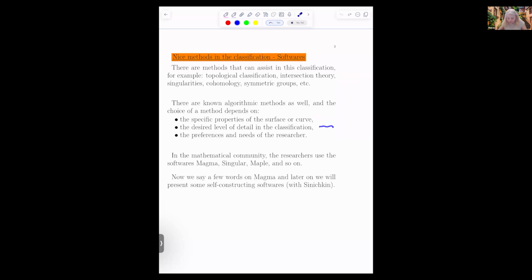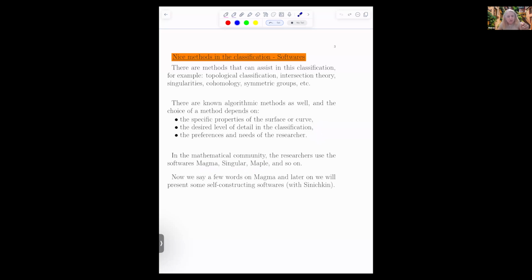Or thirdly, they depend on our preferences, our needs as researchers. So the mathematical community usually uses Magma, Singular, Maple, and so on.